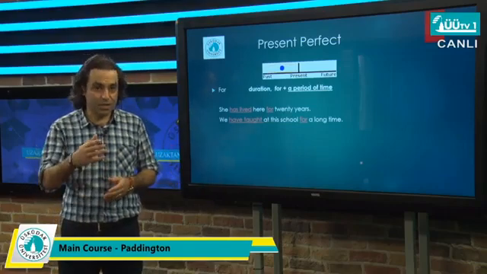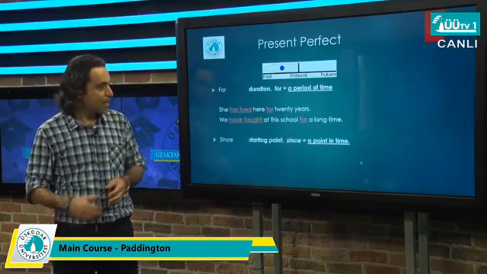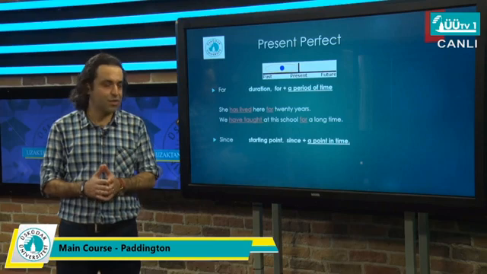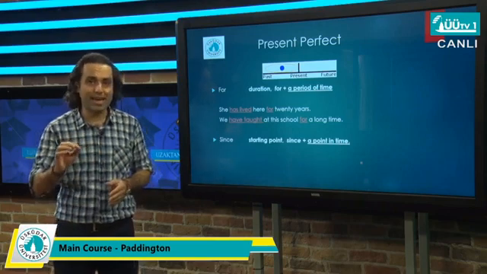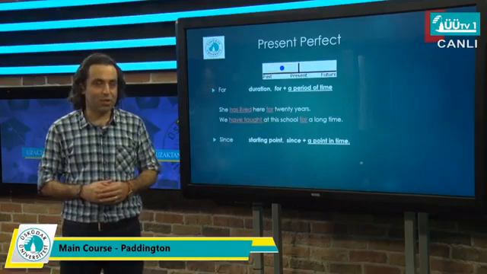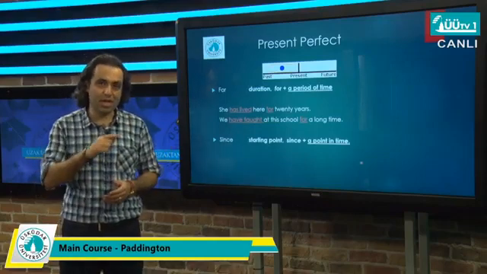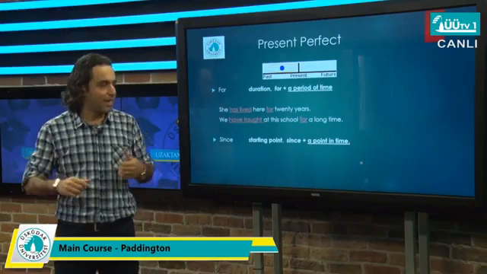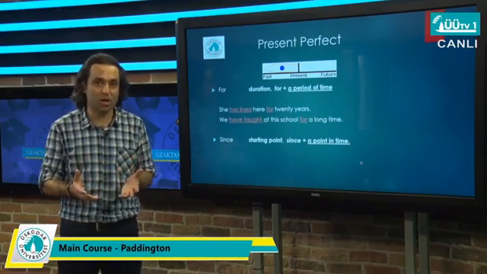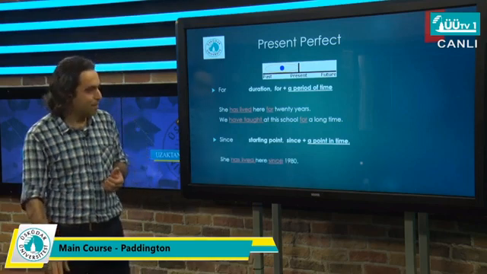The other option that we can have is since, again at the beginning of the sentence, which refers to a point in time or starting point of that action. So unlike for, where we were talking about the period of time, since refers to the point that the action has started. Let's look at these examples.